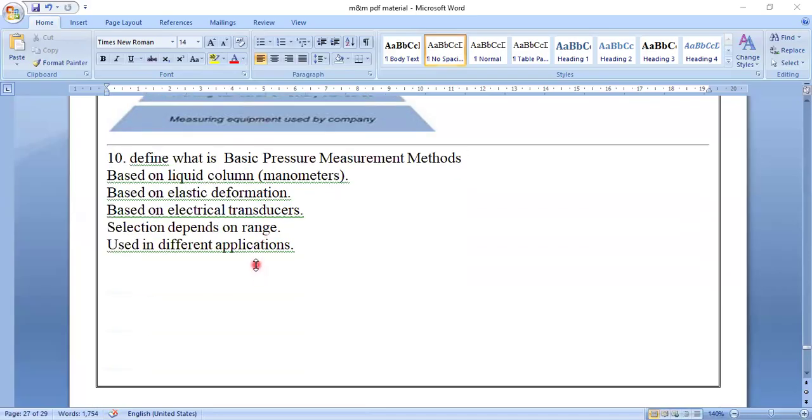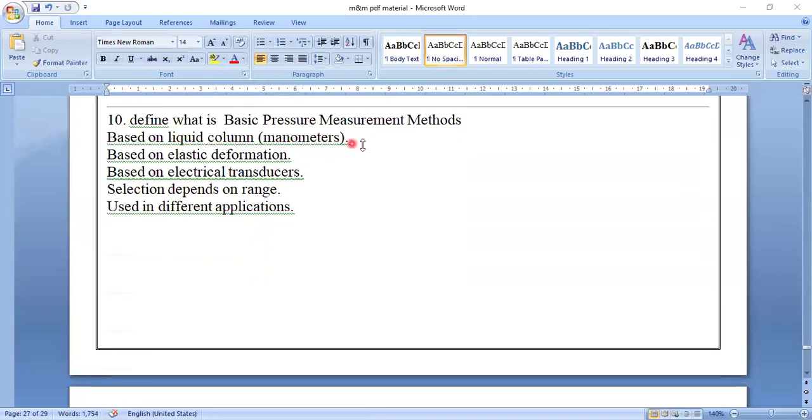Tenth question: define basic pressure measurement methods. The basic measurement methods are based on liquid columns, where the liquid rises; that is the manometer. Then there is elastic deformation, and we have seen many of those. There are also changes in electrical transducers, which you have seen.